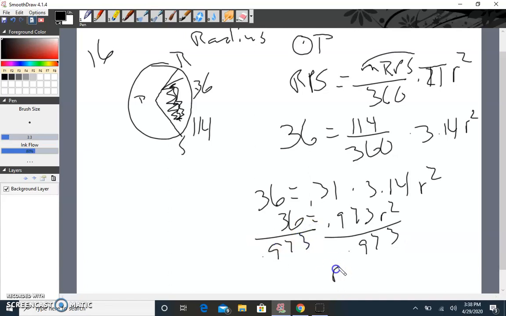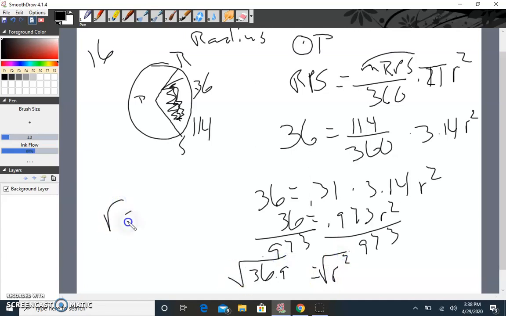And r squared equals 36 divided by 0.973, which actually gives us a larger number than 36: 36.9. And we have r squared. Well, we need to square root both sides.